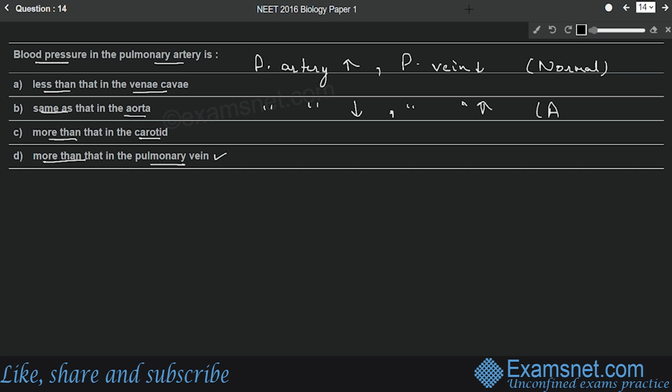This will lead to the abnormal condition, and it will eventually lead to pulmonary hypertension and pulmonary edema. So these are the problems that can be created by this condition. So the correct answer will be that the blood pressure in the pulmonary artery is more than the pulmonary vein. So option D is the correct answer.